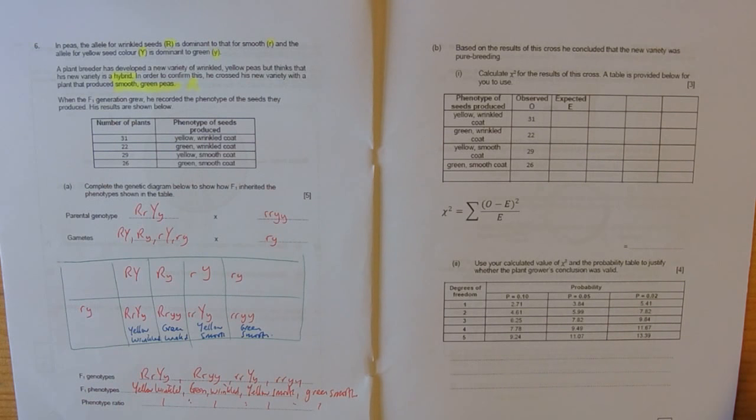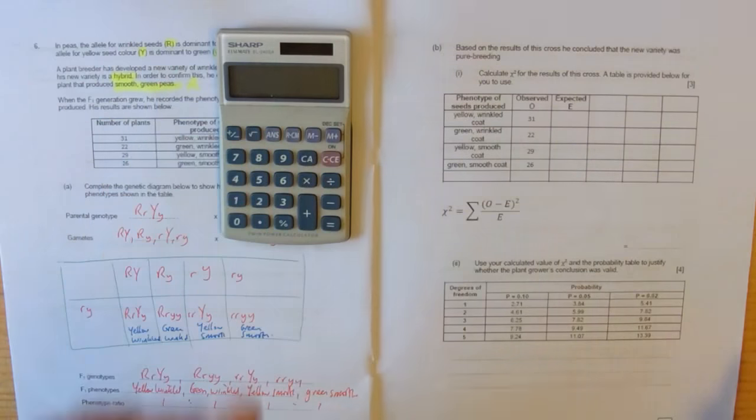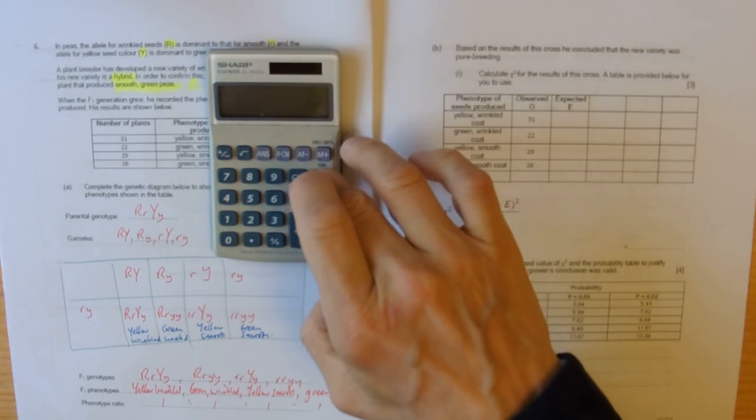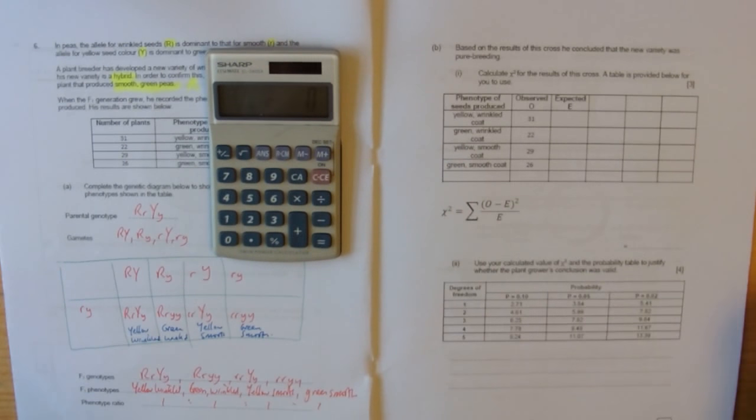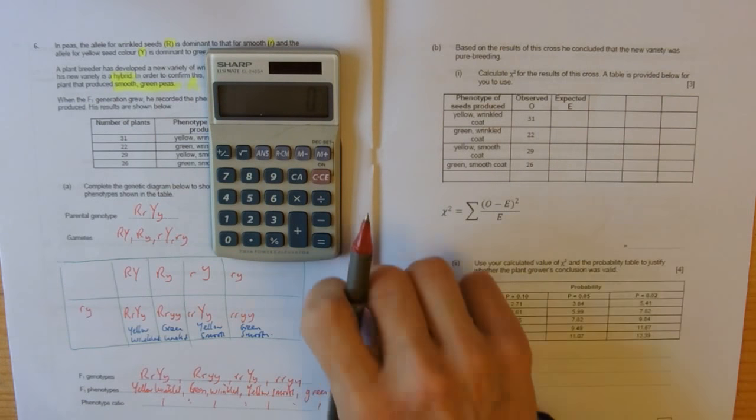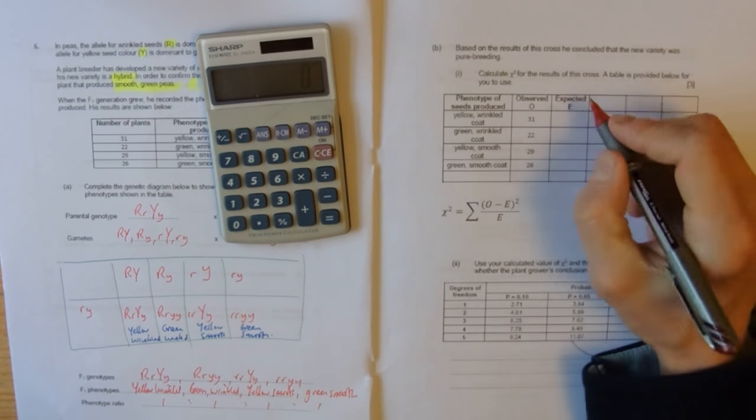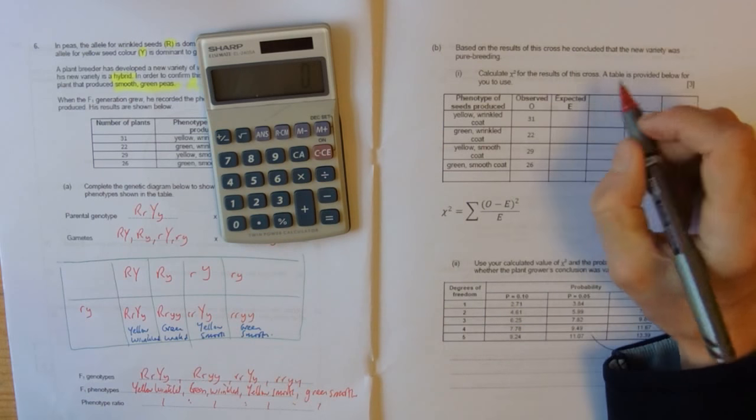Based on the results of the cross, concluded that the new variety was pure breeding. And we're doing a chi-squared. So we need, first of all, to work out our expected. These column headings, we're given the equation here.